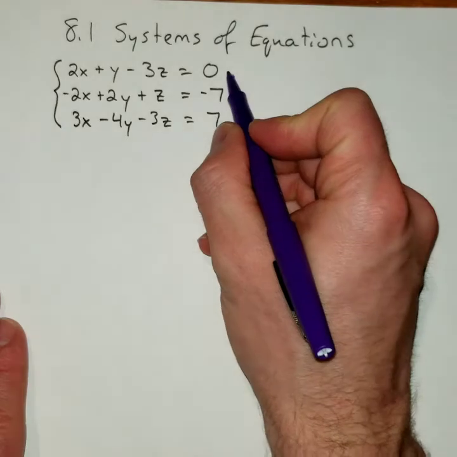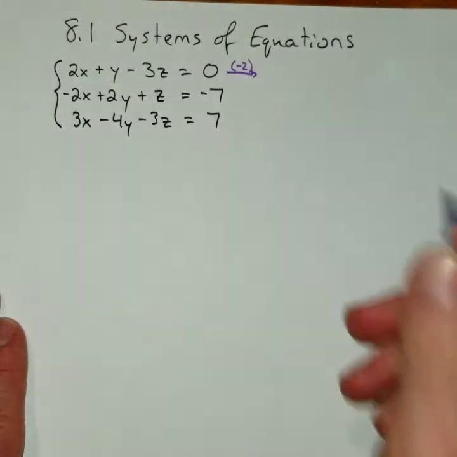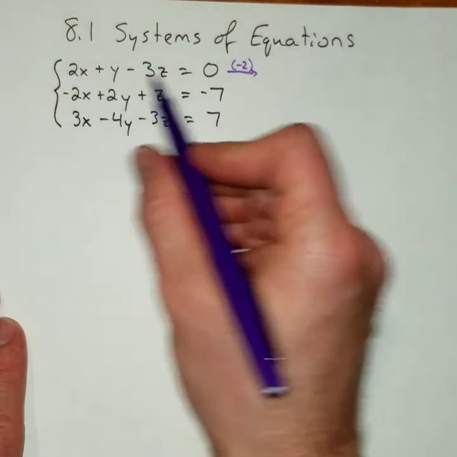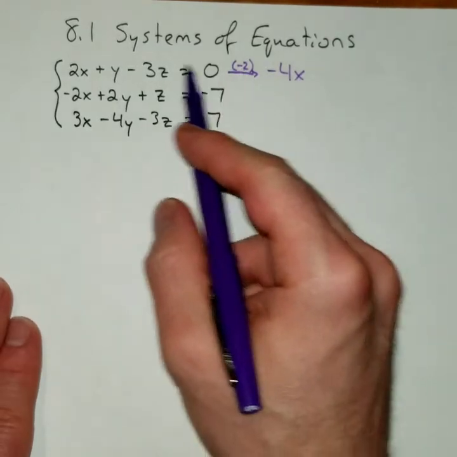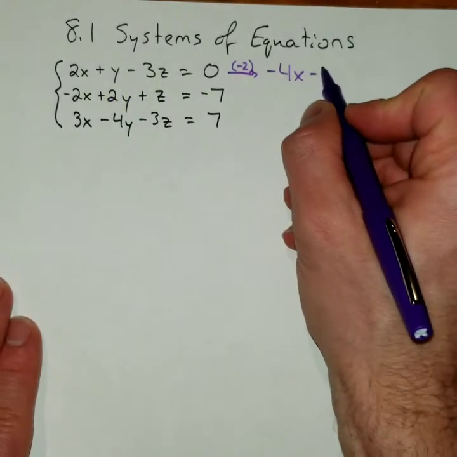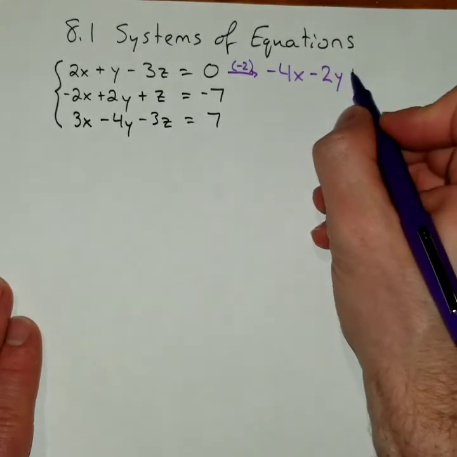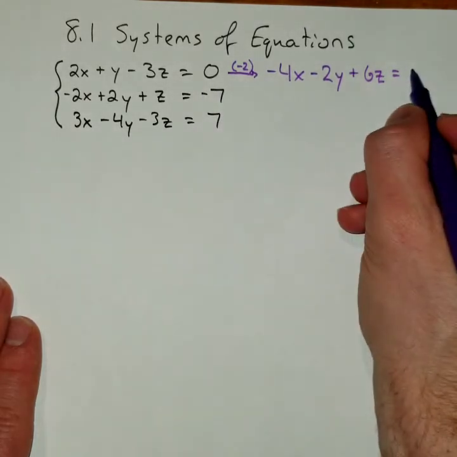So let's take that top equation, multiply by a -2, and multiply that to every term. Right, so -2 times 2 is -4x. -2 times 1 is -2. -2 times -3 is +6. And -2 times 0 is 0.